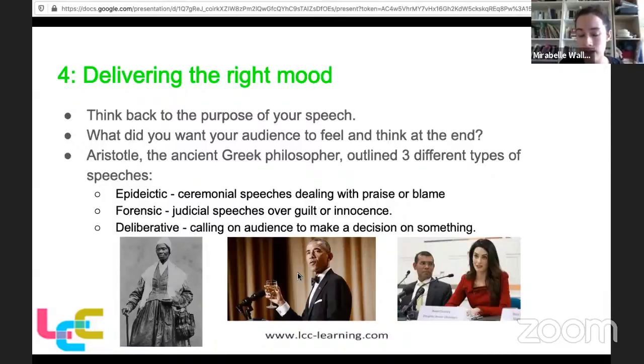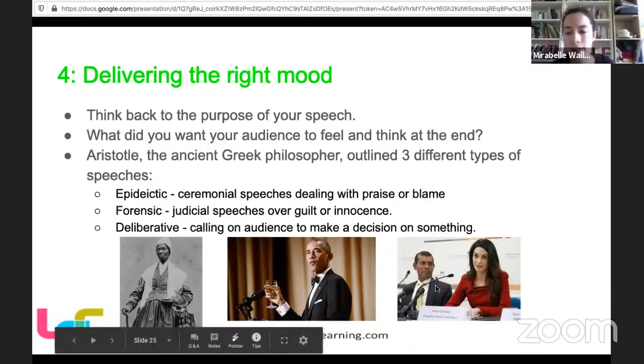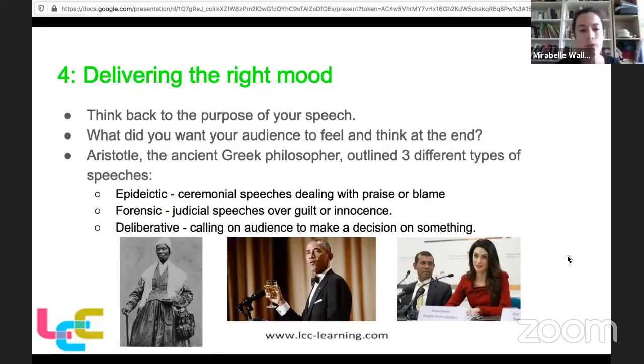So casting some doubt over the next president of the United States and some blame in terms of the way that he conducted that campaign. And the final picture here, we have Amal Clooney defending a client in a court of law. So take a few seconds to try and identify which is which.